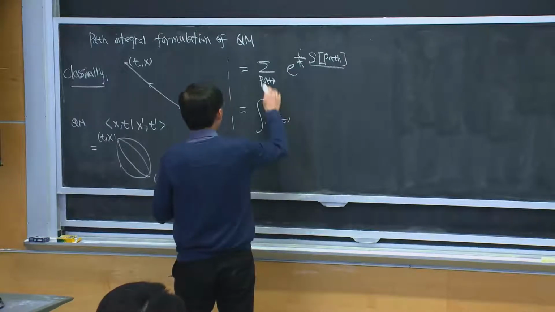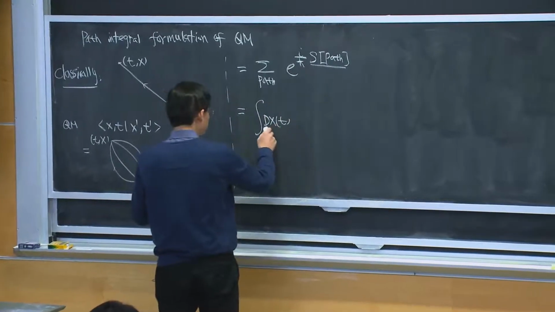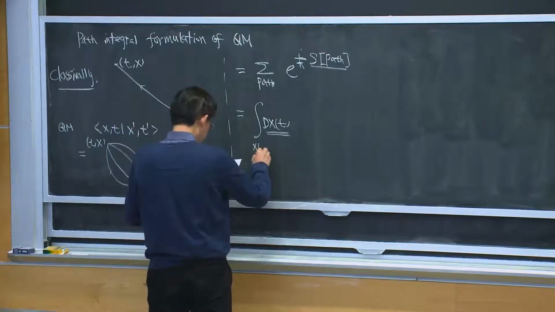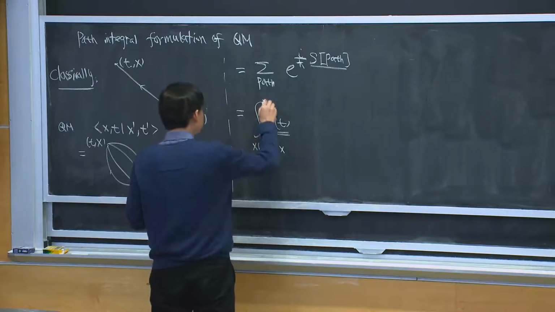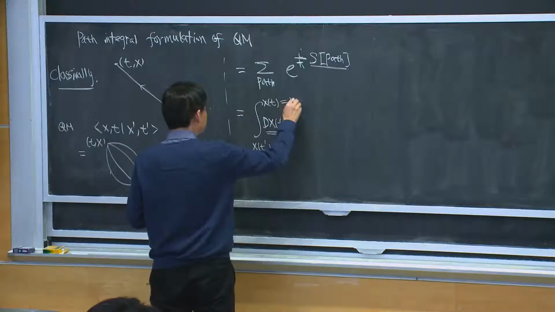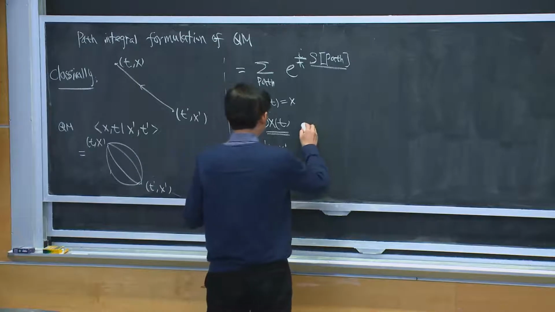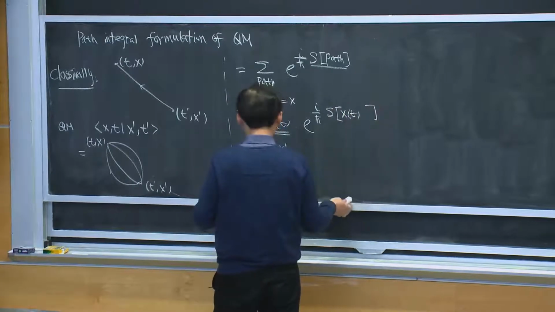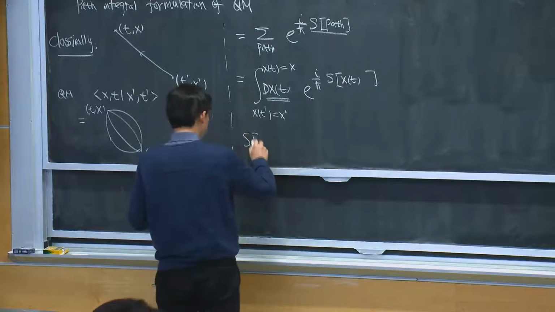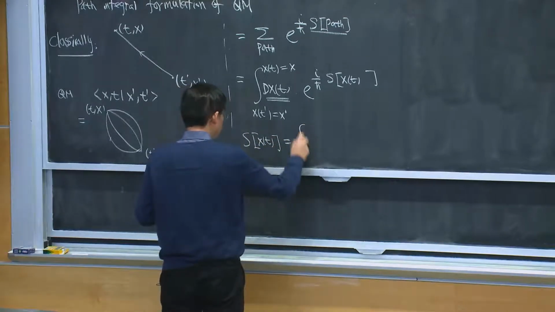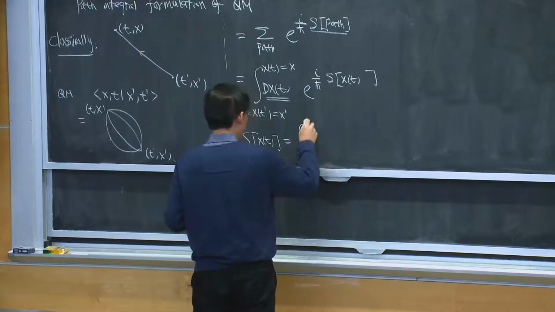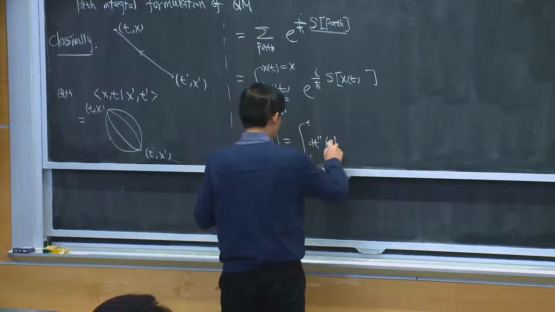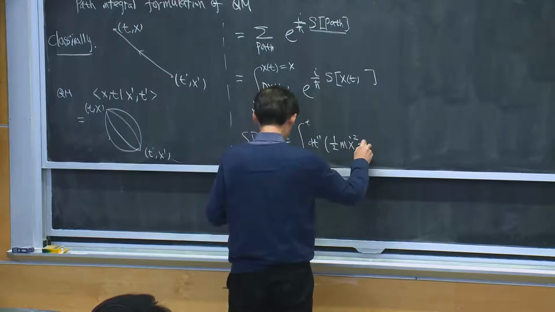The mathematical notation for summing over paths is the following. We introduce a notation like this, which integrates over all possible trajectories x(t) with x(t prime) equal to x prime and x(t) equal to x, with weight e to the iS. The action S is a functional of x(t), which you integrate from t prime to t of dt double prime, one half m x dot squared minus V(x).